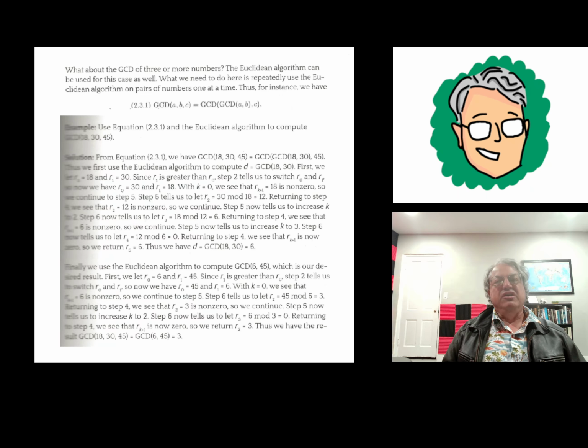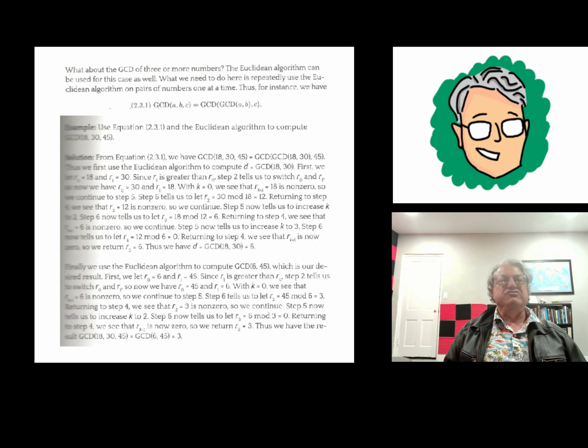But in that case, you can only calculate GCDs two at a time. It's kind of like addition or multiplication. You can add as many numbers as you want, but you always have to do them two at a time, and you add the third number after you've added the first two. It's kind of the same thing with the GCD.